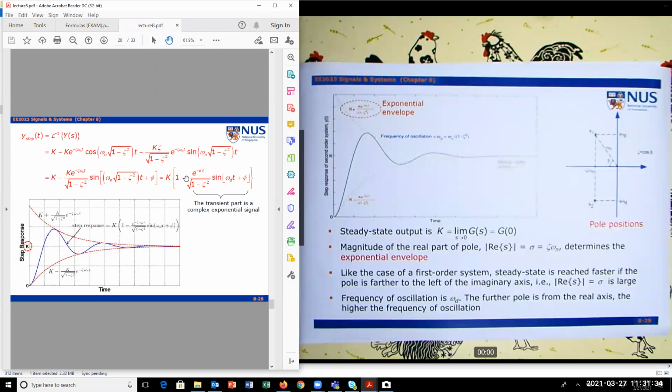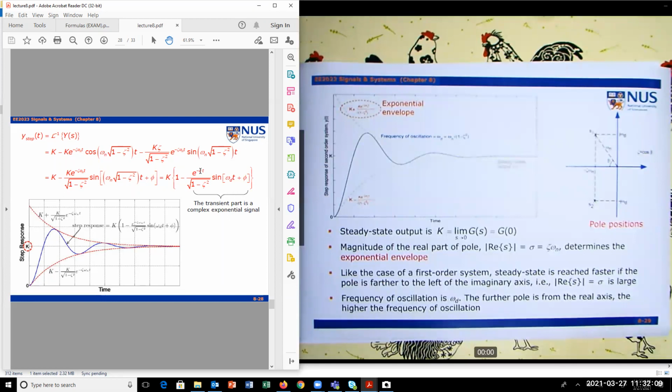This term is what we call the envelope, as shown by these two dotted red lines. Over time, the envelope becomes smaller and smaller because of the exponential term. When t tends towards infinity, e to the minus infinity is 0, and that's why it disappears.